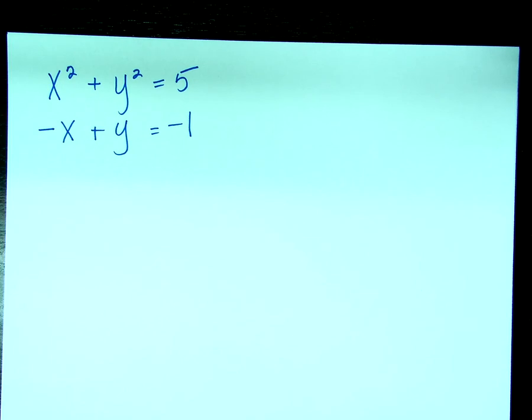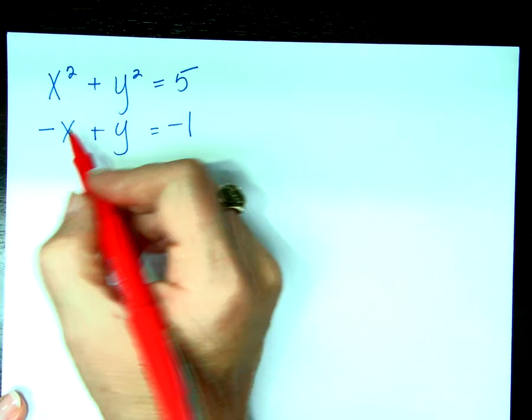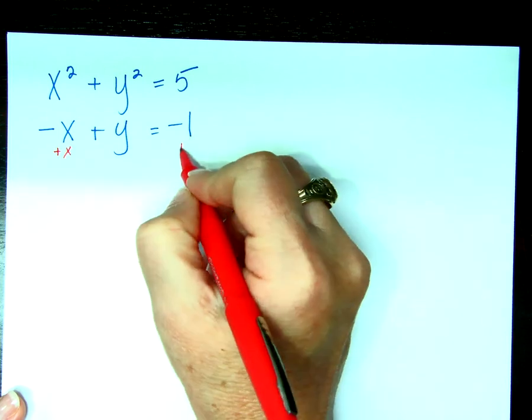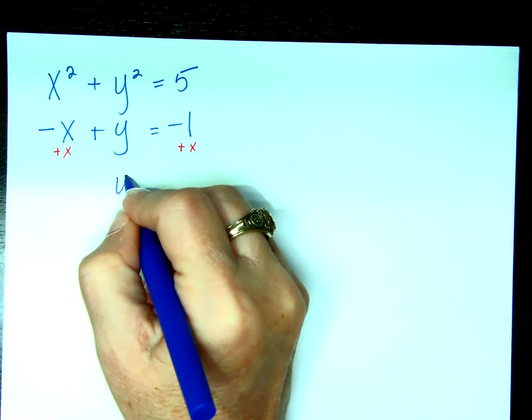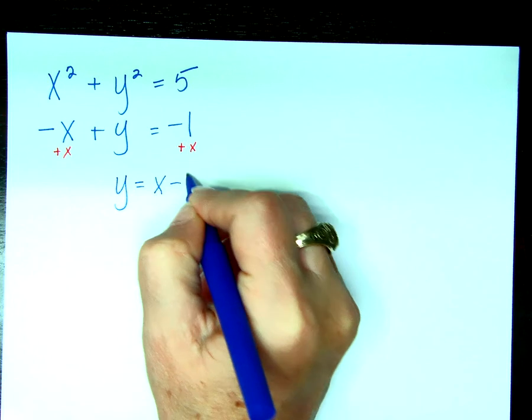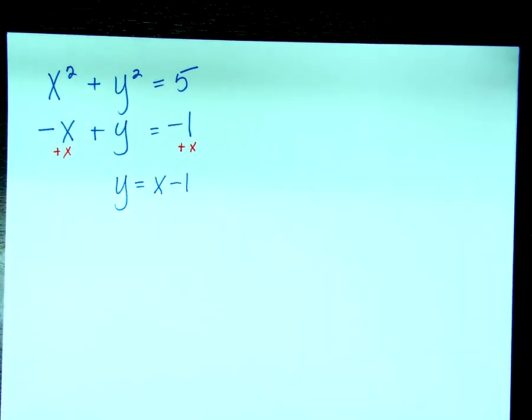Okay, so how would I solve this by substitution? First I have to solve for one of the variables, right? And what he said was add x to both sides, so I will go ahead and do that, so that I get y equals x minus 1. Everybody okay with that?